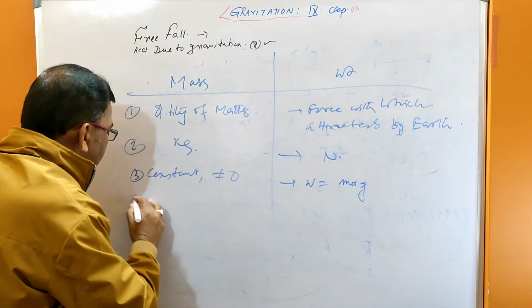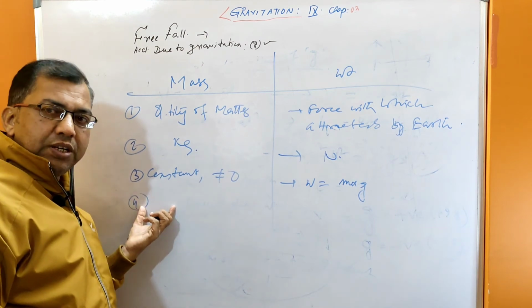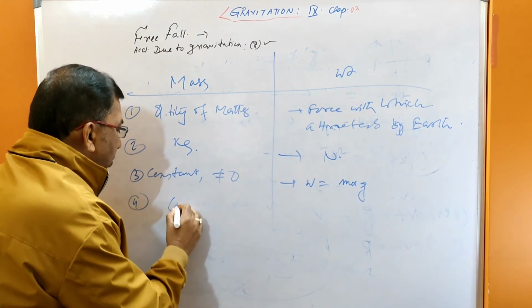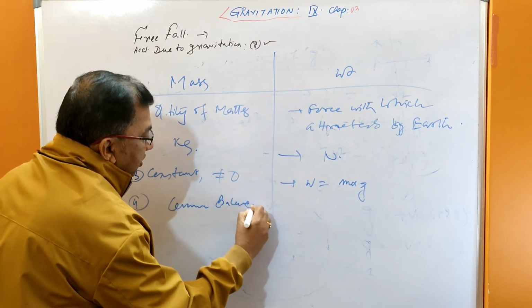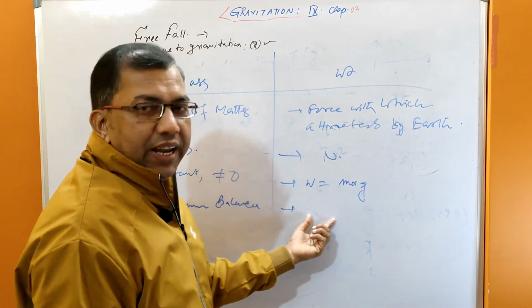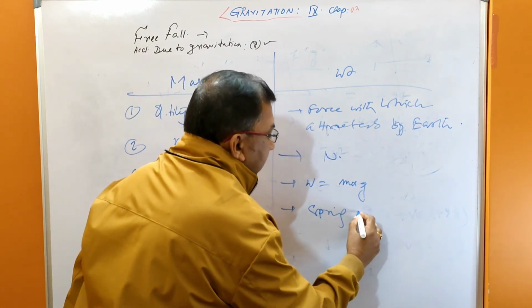Next, mass is measured by a common balance, and weight is measured by a spring balance. Spring balance, you can measure it.